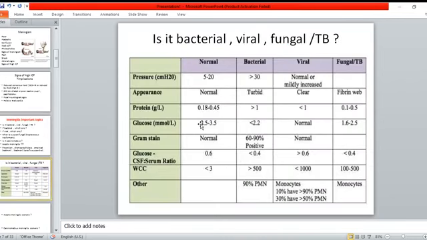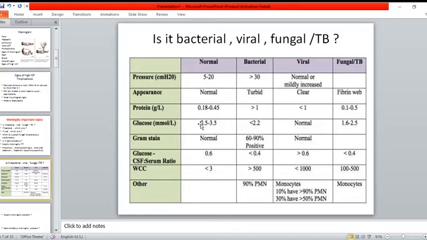So in most of the scenarios of meningitis, you will be provided with a CSF picture. I don't want you to memorize all these numbers. Usually in the exam you will be provided with the normal parameters and the patient's numbers.